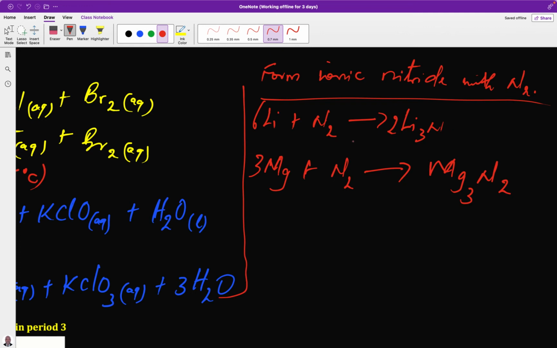So lithium will react with nitrogen in the atmosphere to form lithium nitride. Magnesium will react with nitrogen in the atmosphere to form magnesium nitride.